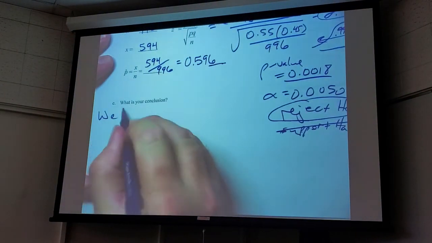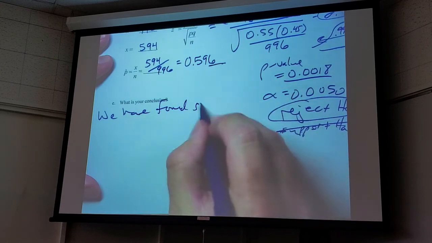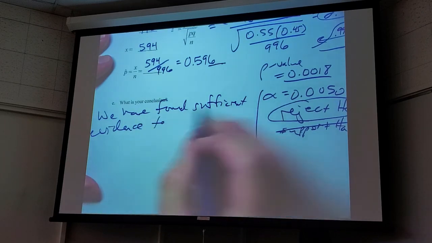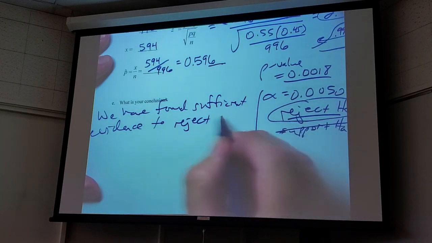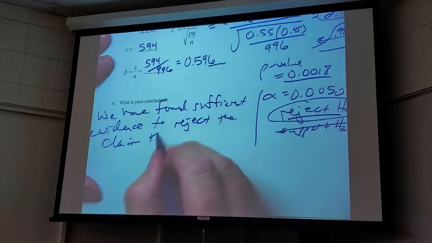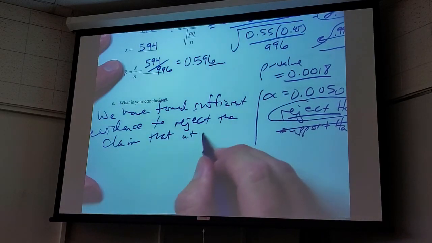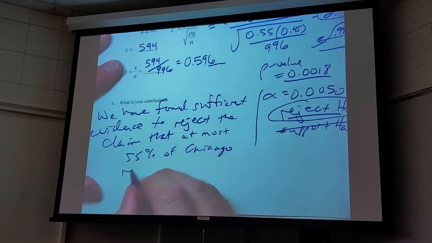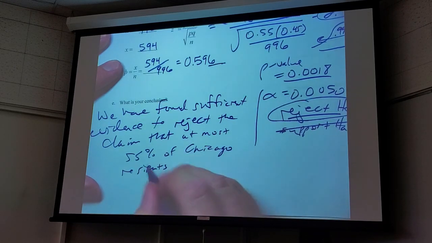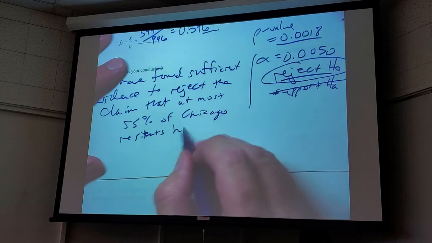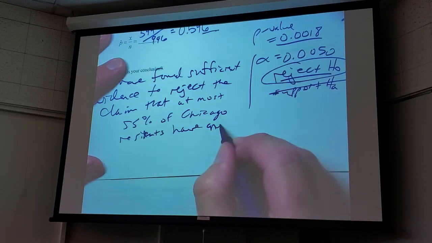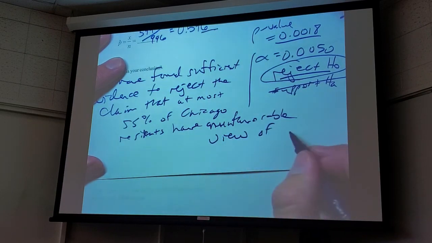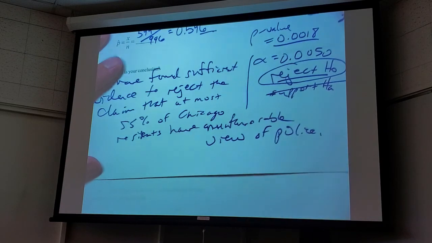So we have found sufficient evidence to reject the claim that at most 55% of Chicago residents have an unfavorable view of their local police.